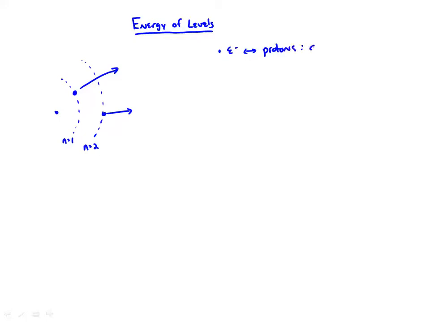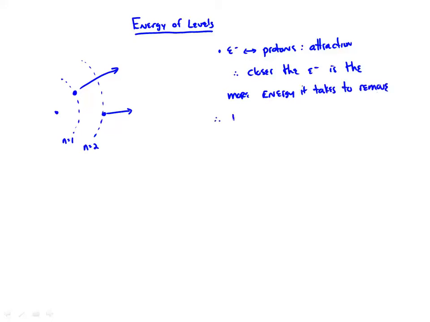That's an attractive force, right? Therefore, the closer the electron is, the more energy it takes to remove. Therefore, it's harder to remove from n equals 1 than, say, n equals 2.